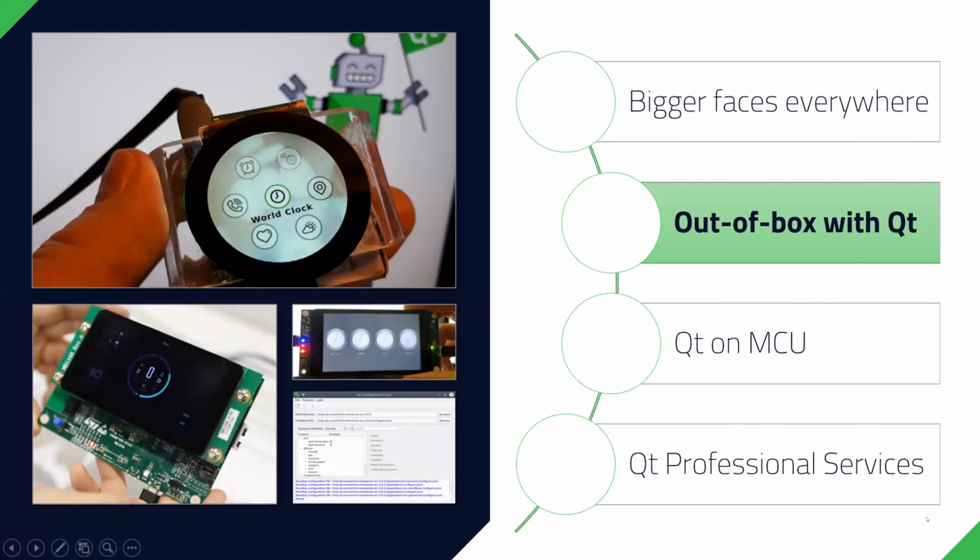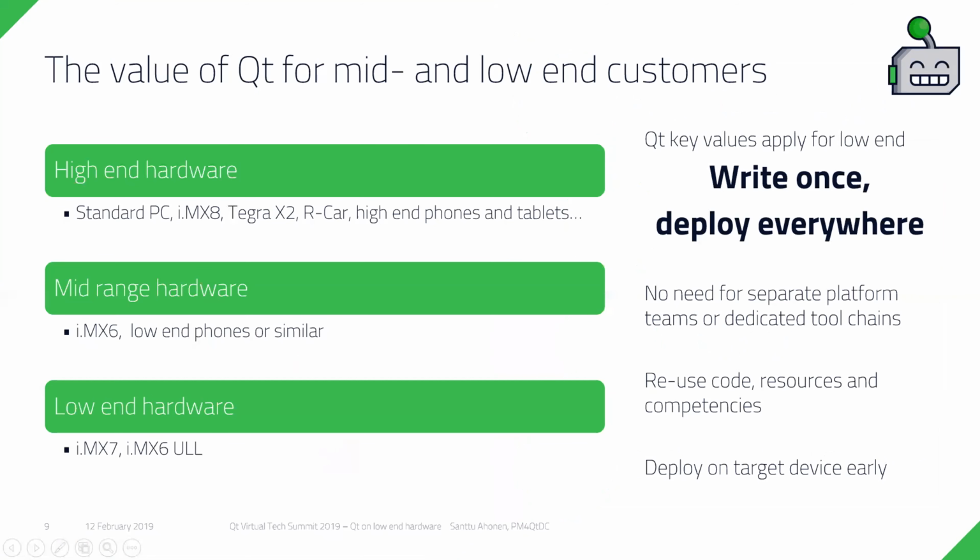So now, going into what we already have when you install QtWS18. What do we already have out of the box? We do have very good support for different kinds of hardware. The high-end hardware, where PCs and i.MX8s and Tegra X2s and the like, many of the Renesas Arcar platforms are sitting.